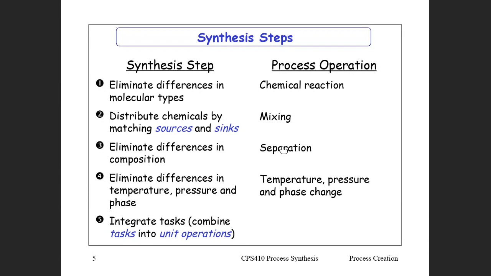This is now to get you want to land up with a pure product that you're looking for. And so you would need to separate out the other things, and some of them you would recycle. Then there's temperature, pressure, and phase change, which you put into separate blocks, eliminating differences in temperature, pressure, and phase, and ultimately integrate tasks, and that means you're drawing your process flow diagram.